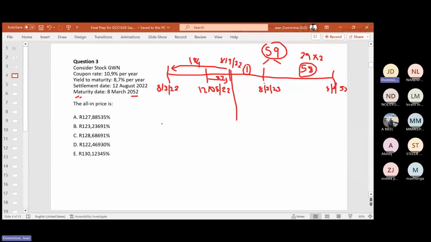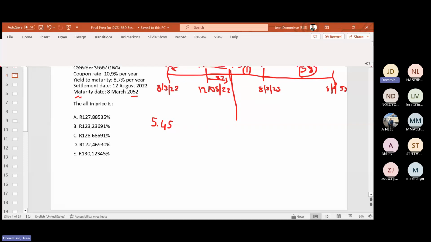Okay, so let's quickly see if we can put that into a formula so that we can get the things that we need. So let me quickly just check. And let me rather do this.